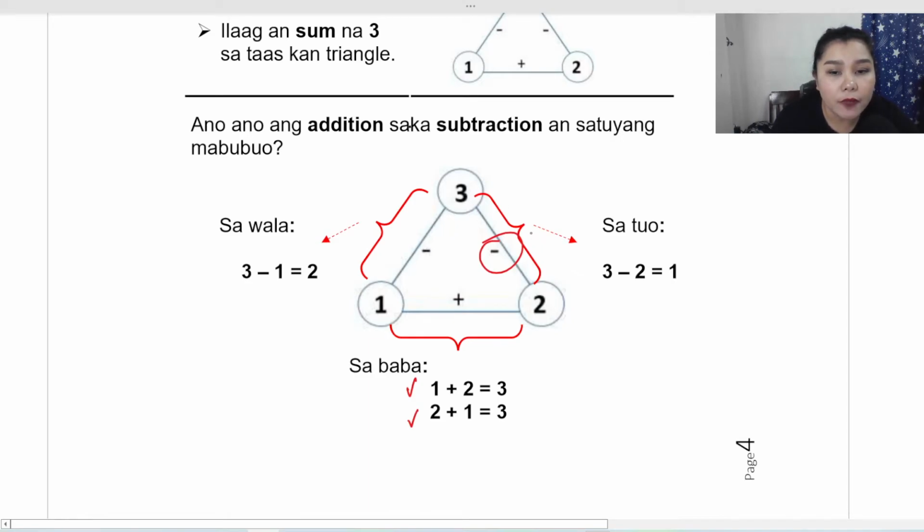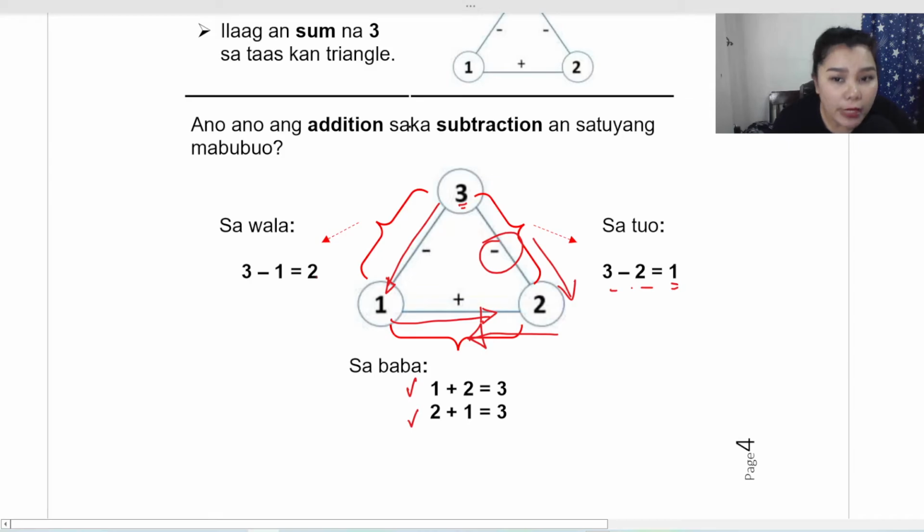So, it follows na direction na pababa and then going to your left. So we have, that's why we have 3 minus 2 equals 1. And also another subtraction sentence. So papunta naman sa pababa on the other side of the triangle. So 3 minus 1 equals 2.